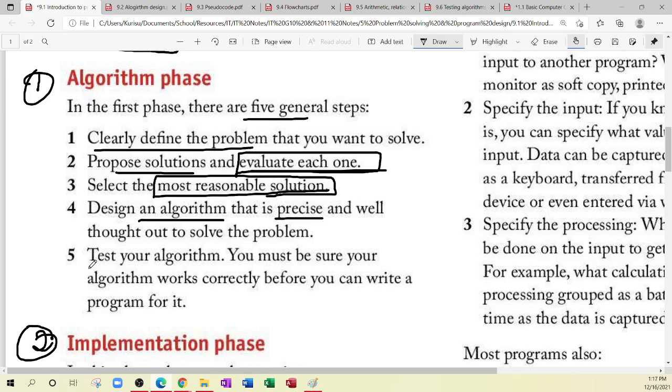Now, the fifth step is to test your algorithm. So before you actually go and make any program or make the actual solution, you can test it to see if it's achievable, if it's workable. So in this case here, with making a sandwich, instead of frying all the sausage or using all the ingredients, you could maybe use a smaller portion.